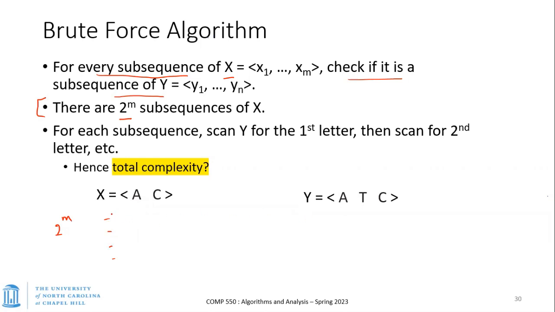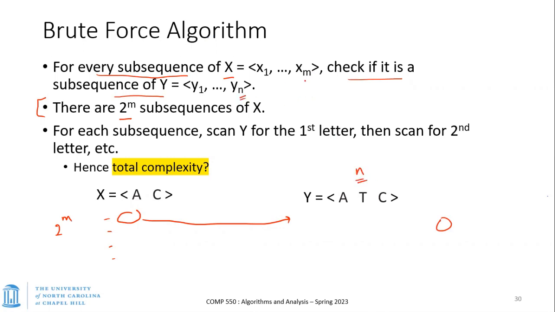And now what you're doing is you take the first solution and you compare it to Y. So how many comparisons would be required? So what's the total complexity? O of N comparisons, right? So this is of size N, okay?